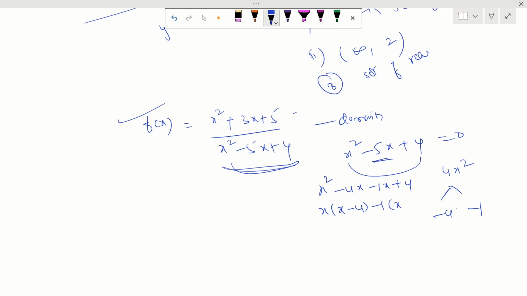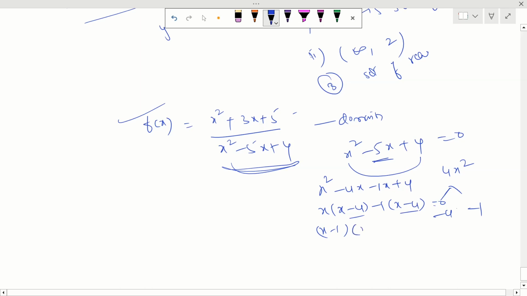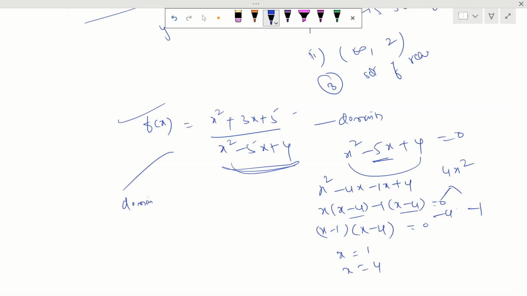So we get x minus 4 is equal to 0 and x minus 1 is equal to 0. Here we'll be getting x is equal to 1 and x is equal to 4. So for this function the domain values exclude 1 and 4. This type of problem is usually asked many times in examinations.